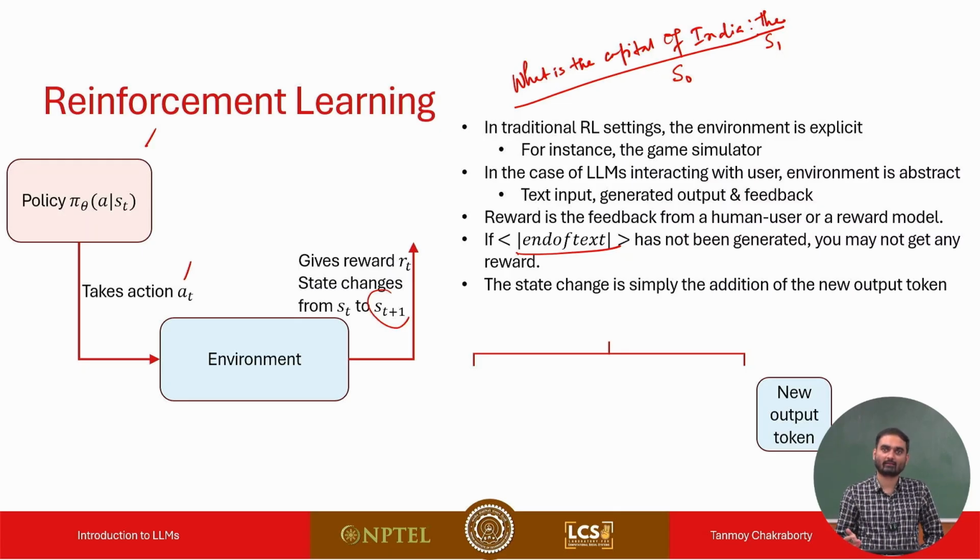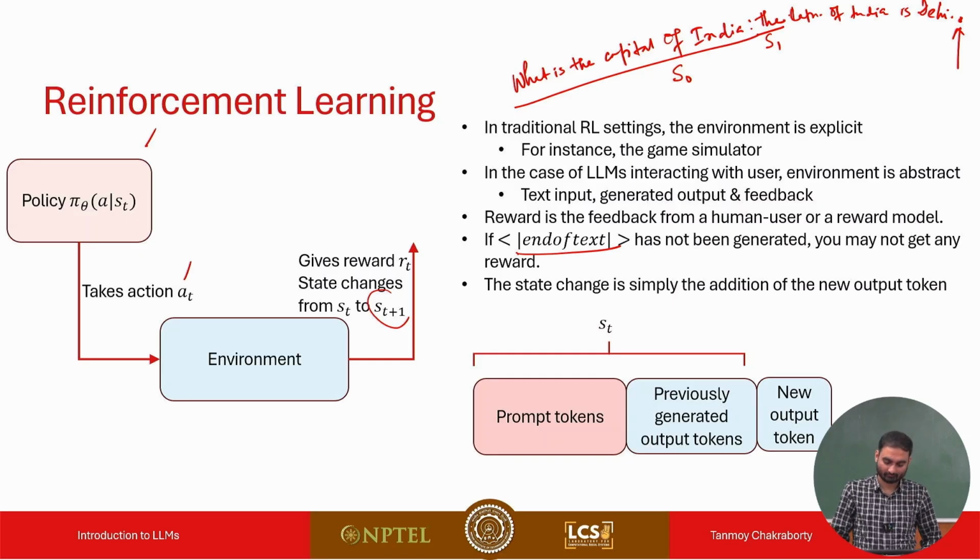You expect that at this stage we get some reward, but we will not get any reward at this stage, because as I mentioned, we'll get the reward when we generate the end of sentence. So: the capital of India is Delhi, then full stop, end of sentence. Here you basically get the reward. Okay, so that's the difference.